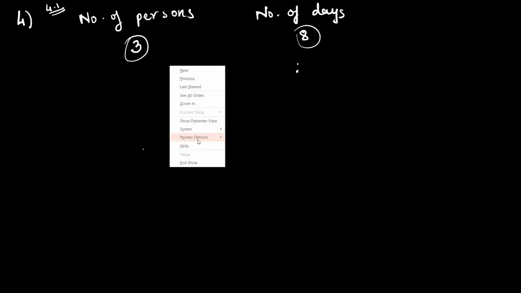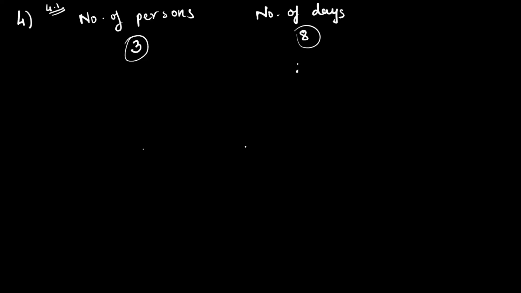Okay, I read it wrong. Okay, so the question says 3 persons will take 8 days to build the house. Now, if I want to build the same house in 6 days, then how many persons will I require?